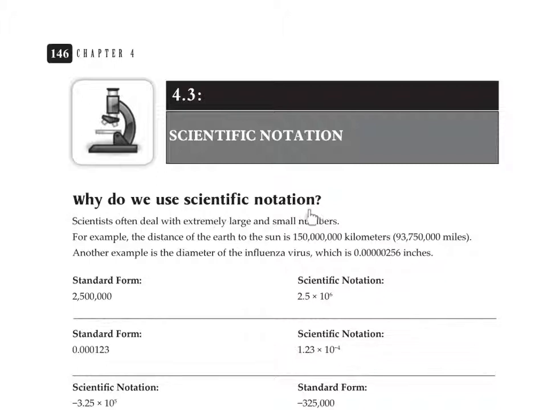The idea behind scientific notation, and you may or may not have seen it in some of your science courses, is that it's a convenient way for us to write very large and very small numbers without having all the zeros or all the digits for our eyes to try and track. So we're going to talk about converting back and forth from standard form of a number, which is just the number all written out with all of its digits, to scientific notation form of a number.